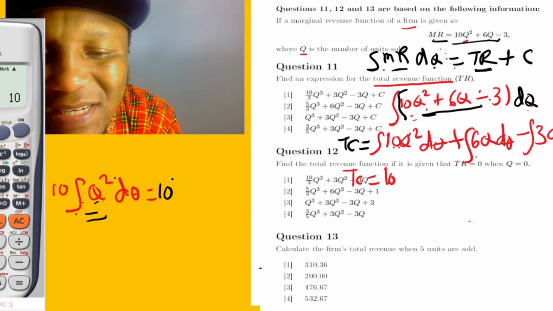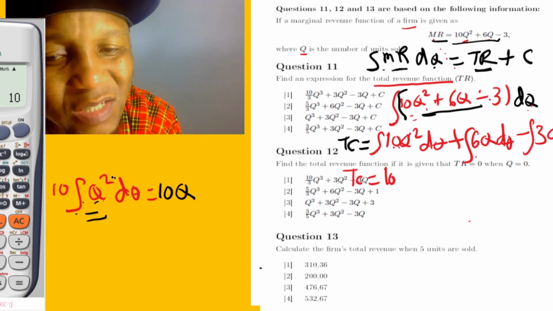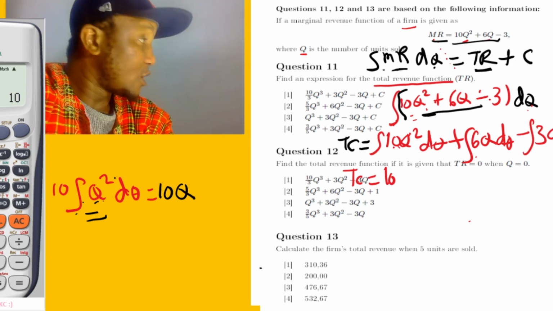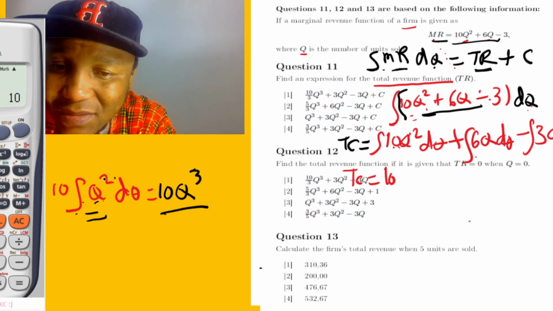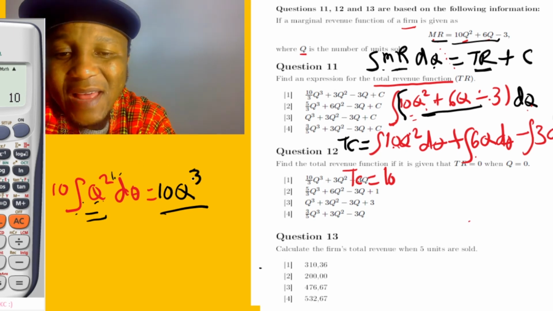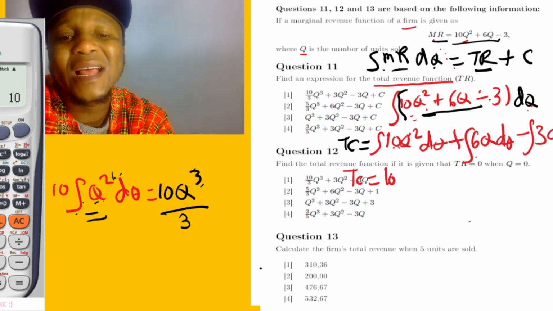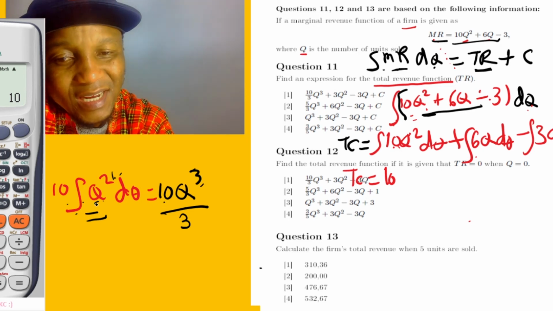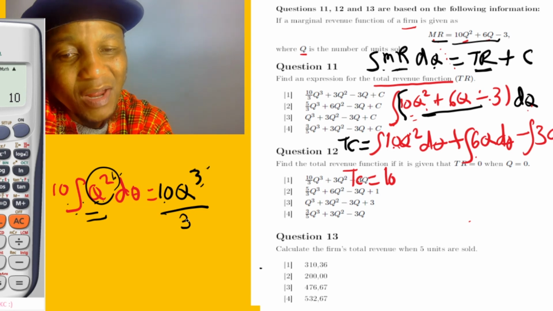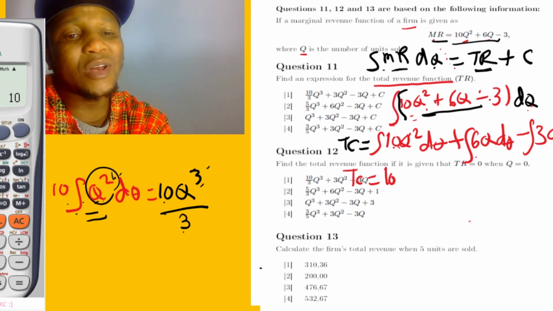So write exactly q, but you see this power, add 1. So 2 plus 1 equals 3. So it's going to be q cubed over 3, the same number at the denominator. That's how you integrate with the power rule of integration. 10 is just a 10. Take the power, add 1, and then the same number goes to the bottom. Don't write integral anymore.